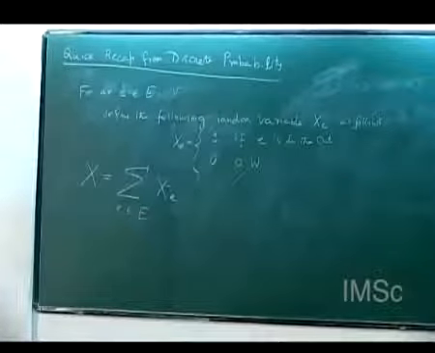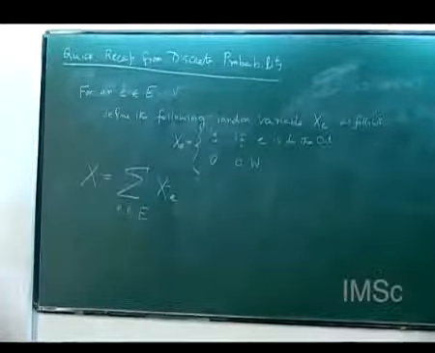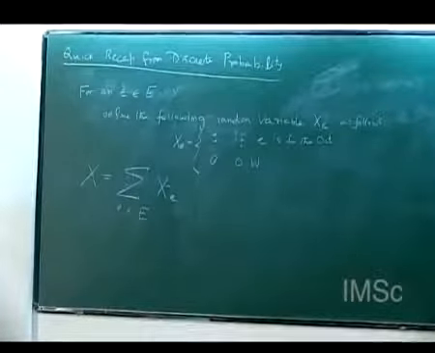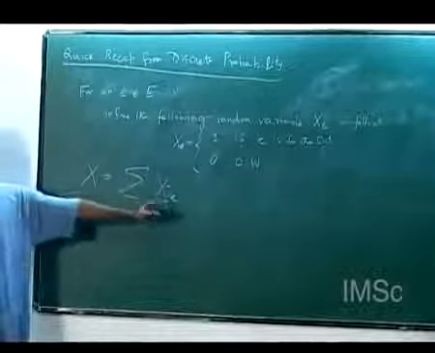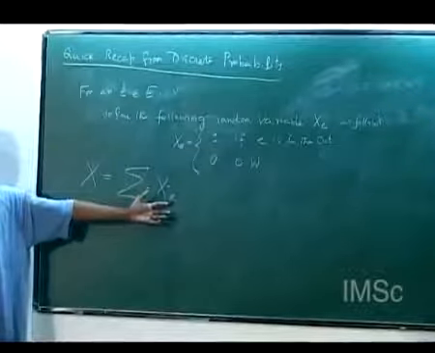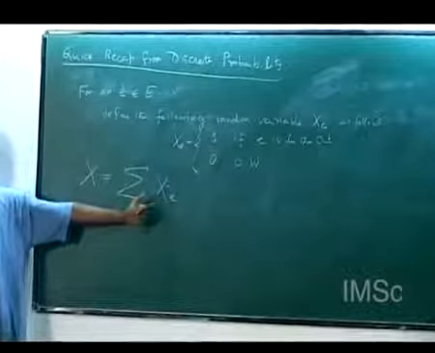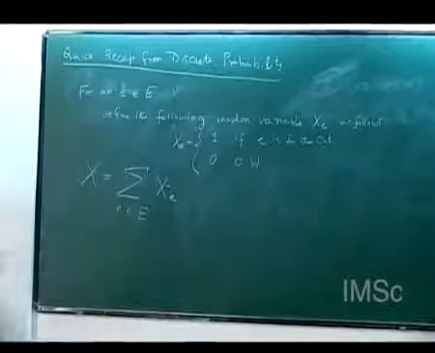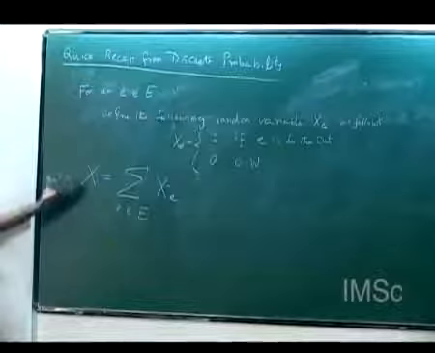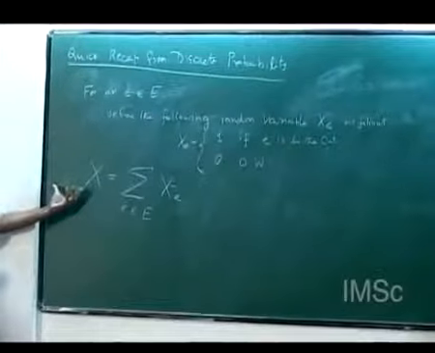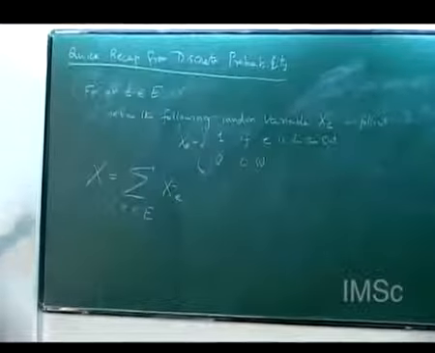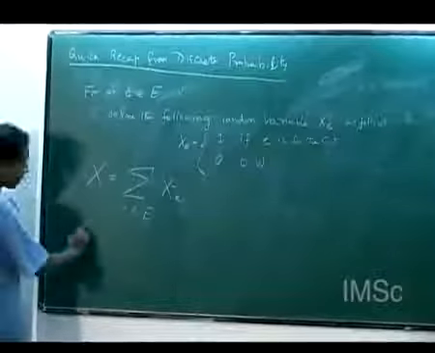Now clearly the value of X determines the size of the cut, isn't it? XE gets 1 when it is in the cut, and then you count 1 in the summation. If it is 0, you don't count. Now what is the expected value of X? The expectation is over this random experiment, where you are tossing coins.